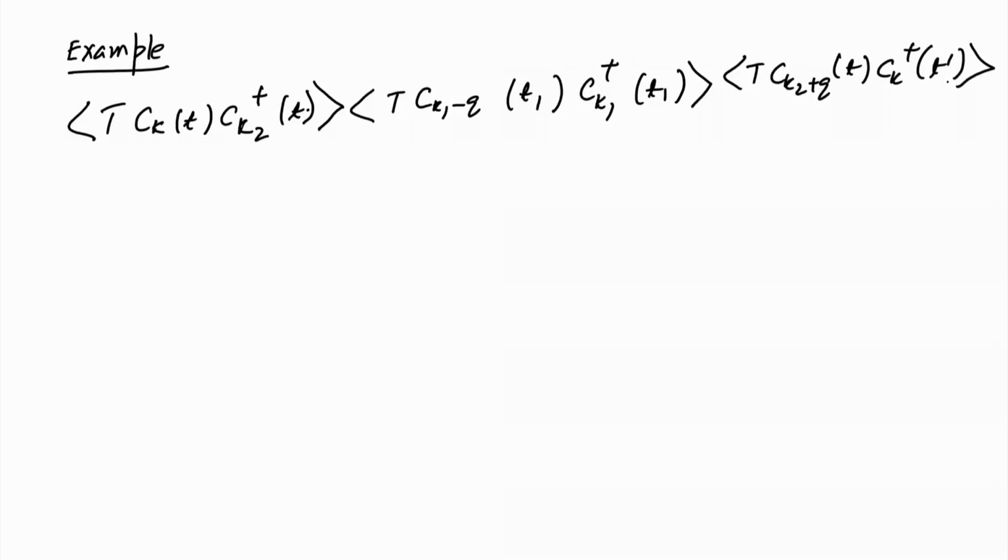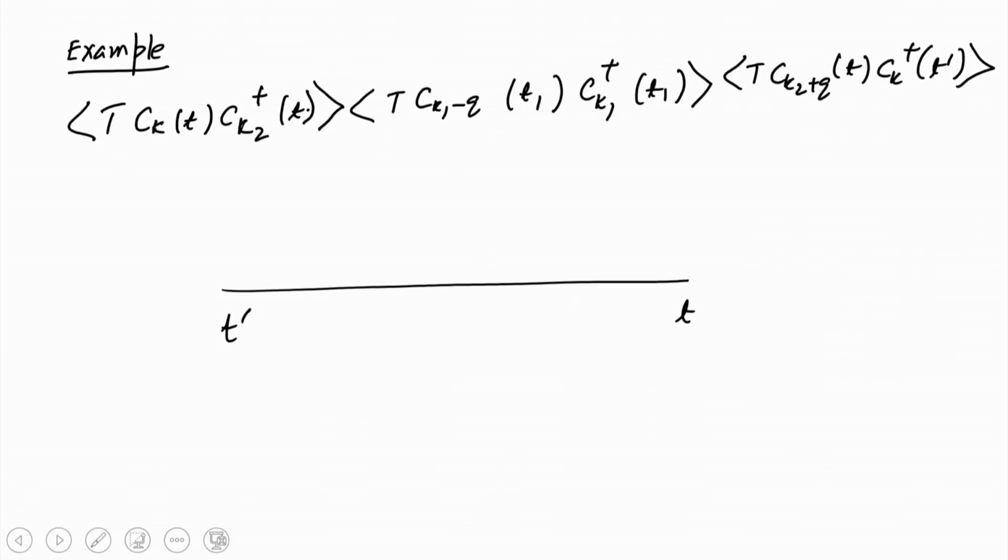So, this term can be written as a line which will go from t prime to t, and then there is an interaction term. Of course, we are not writing it explicitly, but the h int will come with a v q here.